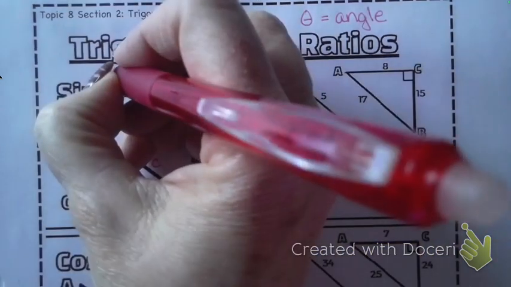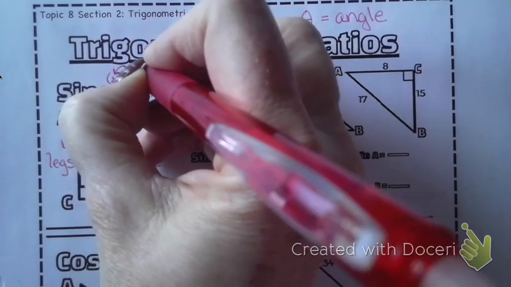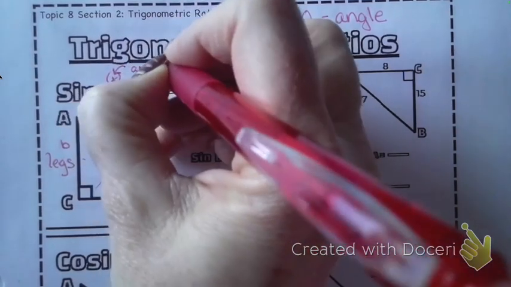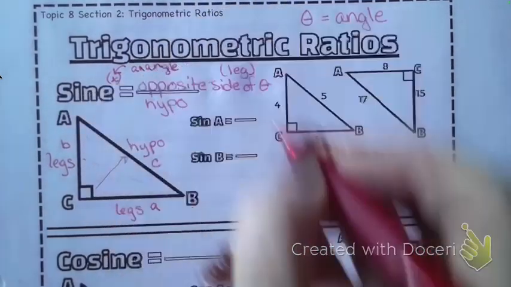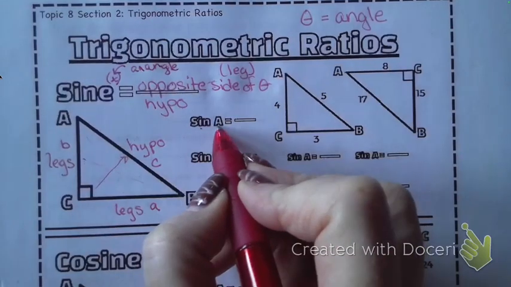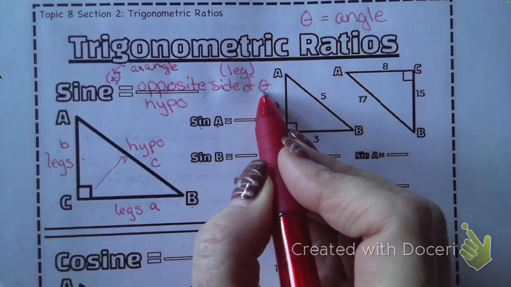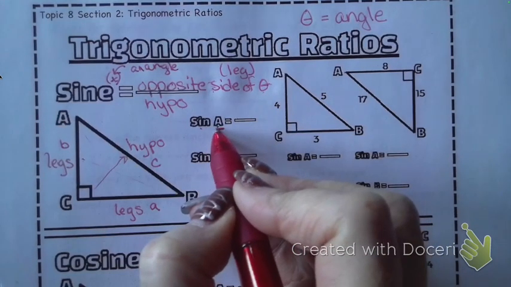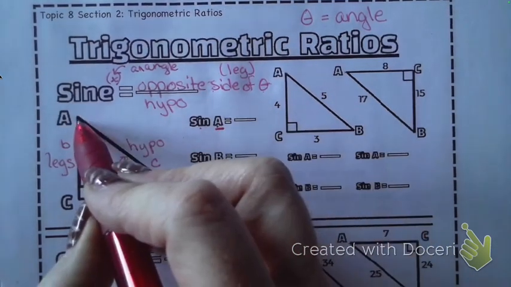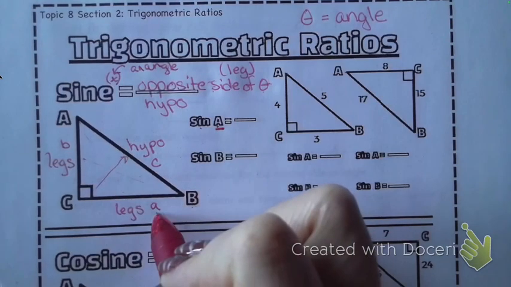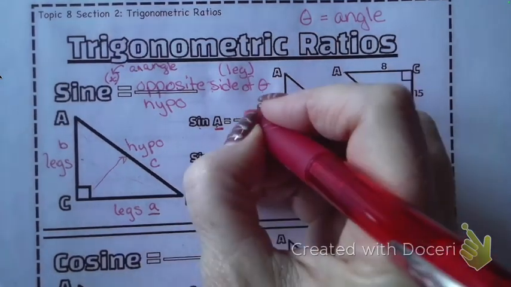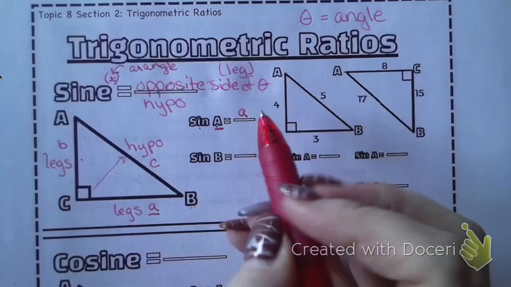So, X is an angle, yes? How about an angle? So, the sine of A. So, I need the opposite side of theta, but theta is what? A. So, what is opposite of A? What side? A. Over the hypotenuse.